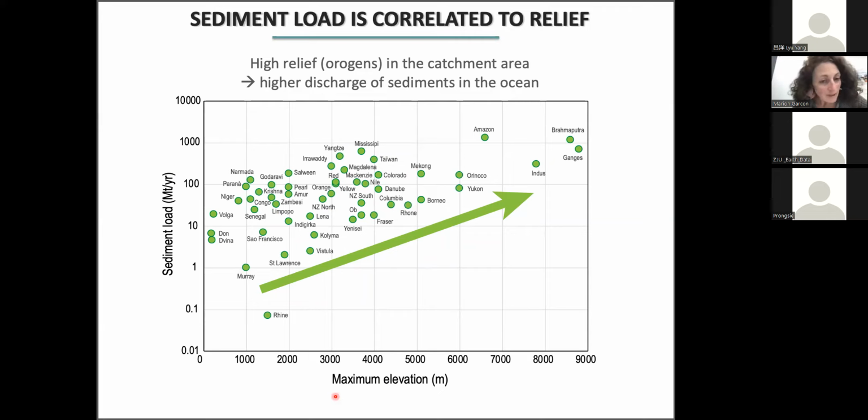So what this means is that when you have a high topography in the catchment area, then you produce a lot of sediments. This is the case of the Ganges, Brahmaputra, Indus, or the Amazon. And so you are not biased, because one possibility is that this sediment load is biased by human activities, but here it seems quite normal with what you should expect from the catchment area.